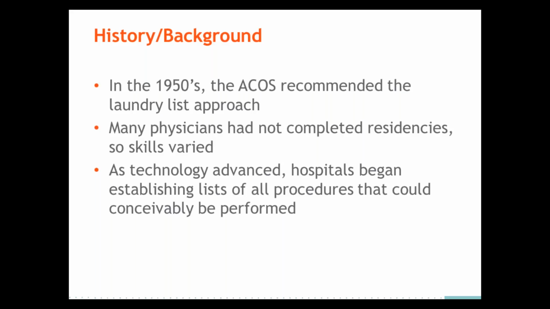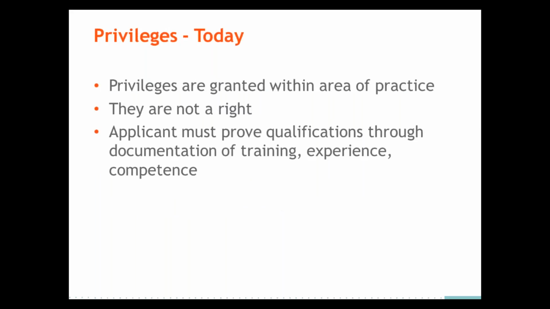So technology kept advancing, and hospitals started establishing these lists of all procedures that could conceivably be performed, and it can be rather burdensome sometimes because technology is always changing and new procedures are always being added. So today, privileges are granted within an area of practice. That means that if you are a general surgeon, you get general surgery privileges.